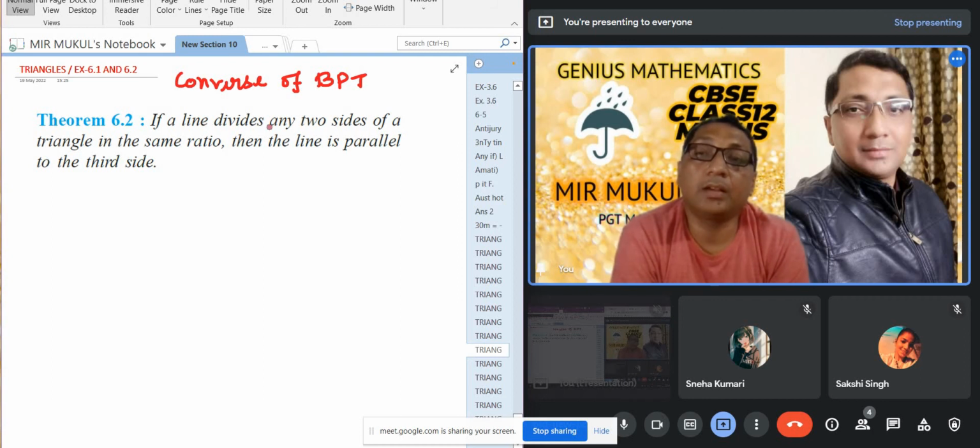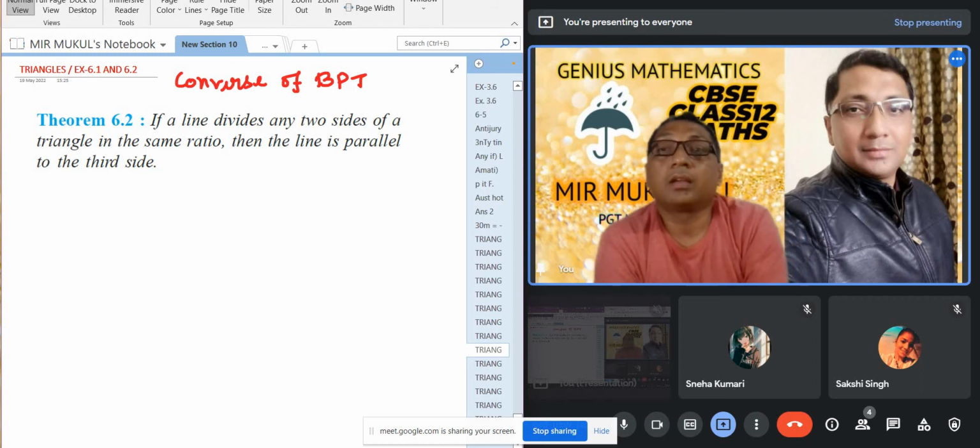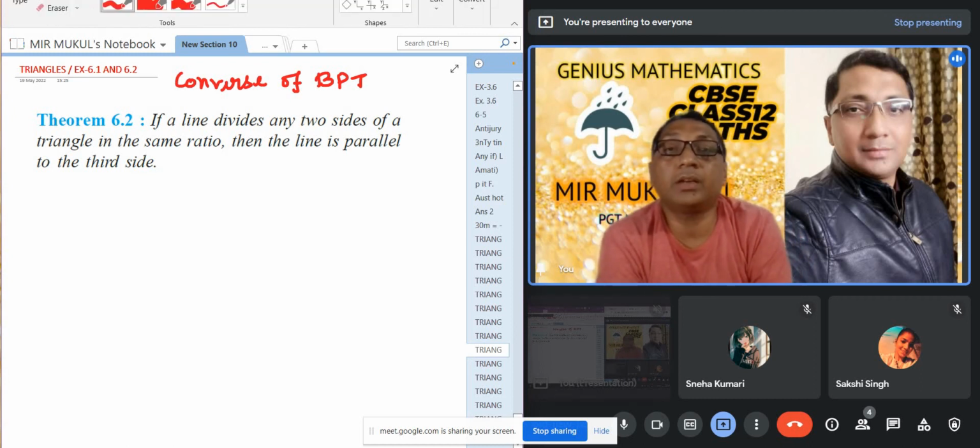If a line divides any two sides of a triangle in the same ratio, then the line is parallel to the third side. So here the proof is not required, only motivation is required.